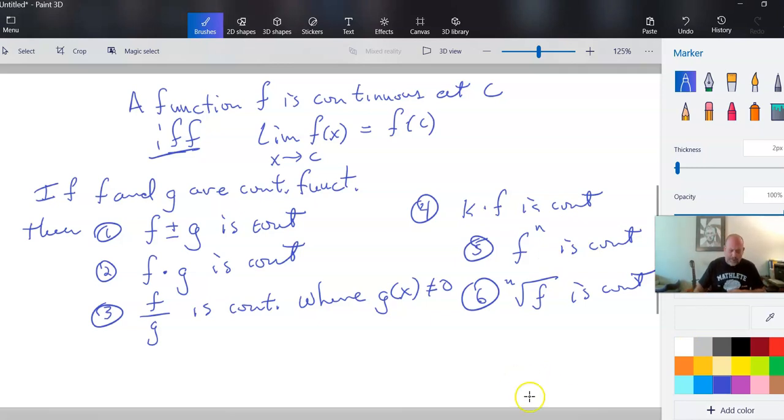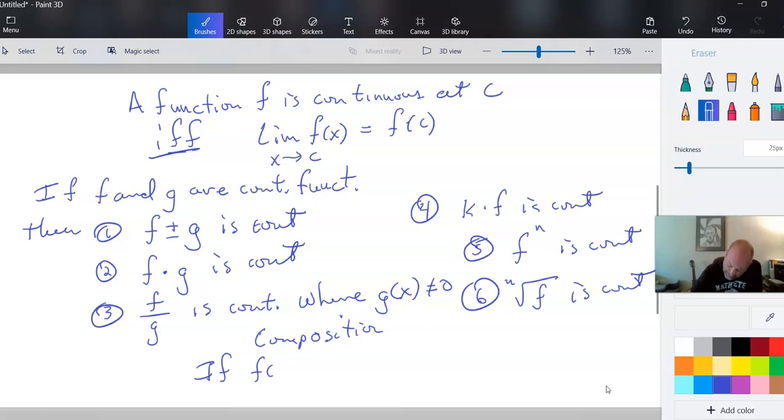Okay, now there's one more thing, and this one's a little bit more tricky. The last one has to do with taking limits under composition, right, f composed with g. Actually I want to write it this way.